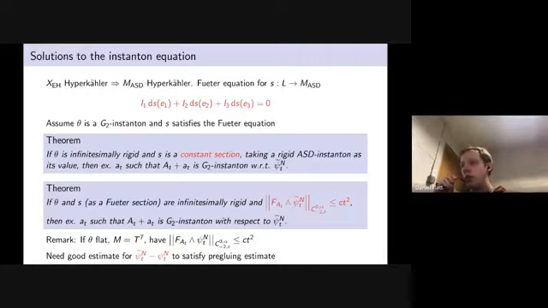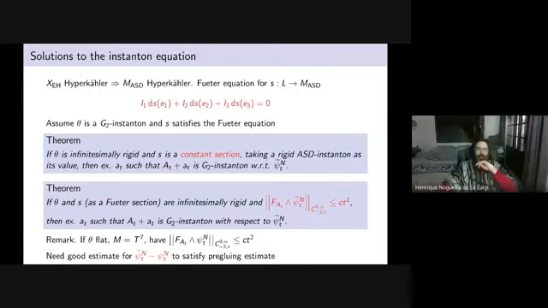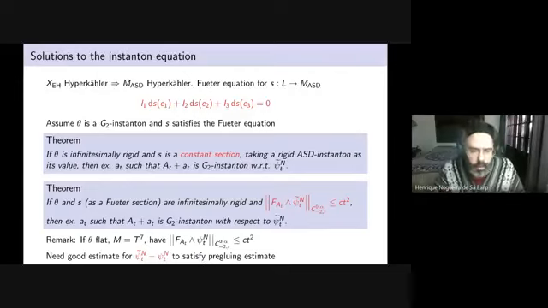Okay, so much about the general gluing picture for instantons. Questions about this? Yes, please. Can you at least conceptually think of weakening the rigidity assumption in favor of some actual transversality?